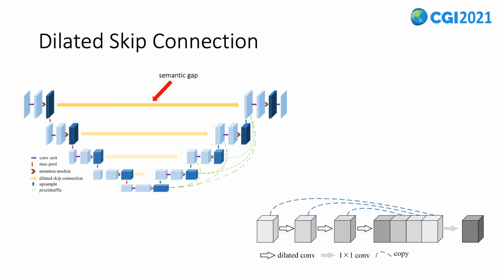To solve this problem, we insert multiple dilated convolution layers along the skip connection. Those convolution layers can not only reduce the semantic gap between different stages, but also maintain the relationship between local and global context information. We reduce the number of convolution layers and the dilation rate of each convolution layer when the feature goes deeper.